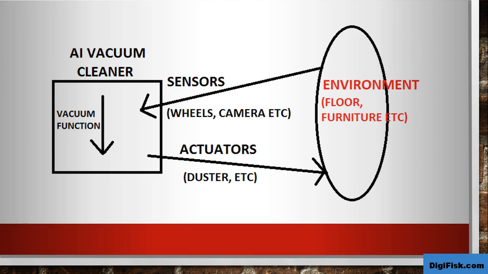Okay, so then the cameras and the sensors will pick up where the dust is, and when it senses any dust on the floor, the vacuum function will direct the duster to start dusting on that particular spot. Okay, so that's how the whole thing will theoretically work. So that's it for our vacuum cleaner function. That's it for our AI vacuum cleaner.